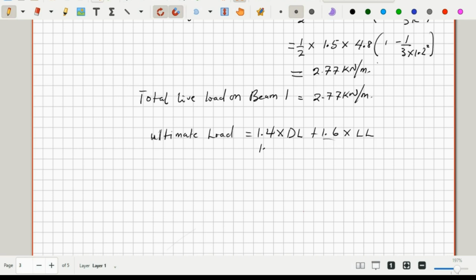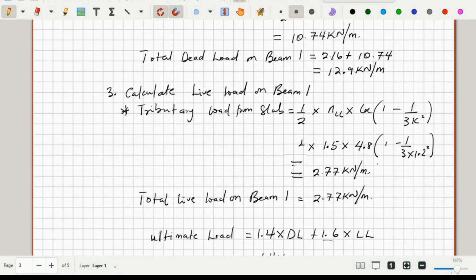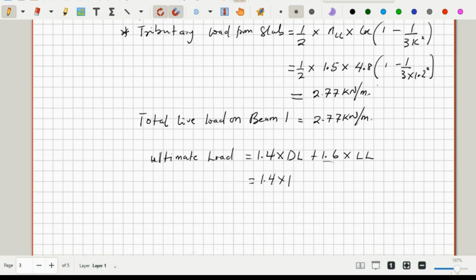So if we slot in the values of our dead load and life load, we'll have the ultimate load being 1.4 multiplied by the dead load, and we calculated that to be 12.9 kilonewton per square meter, plus 1.6 multiplied by the life load, which is 2.77.